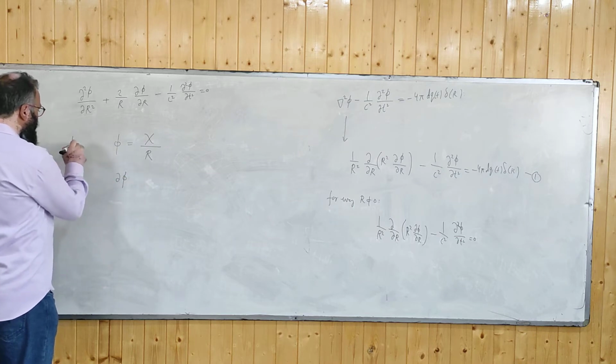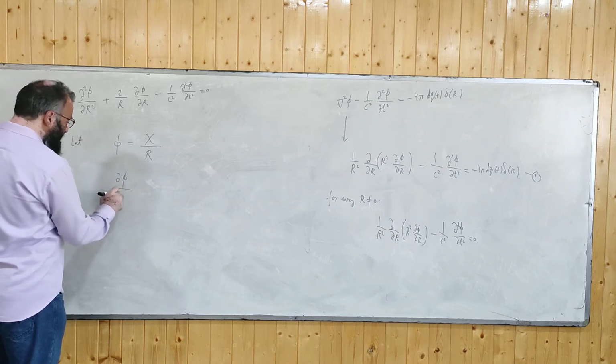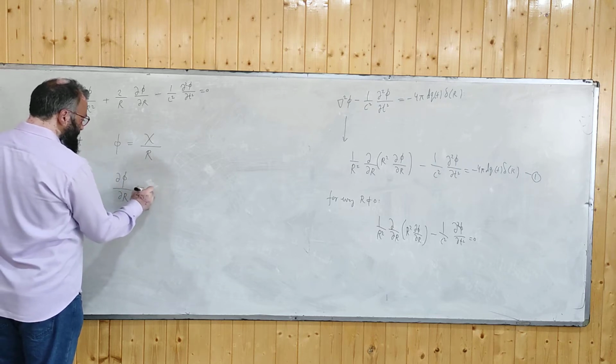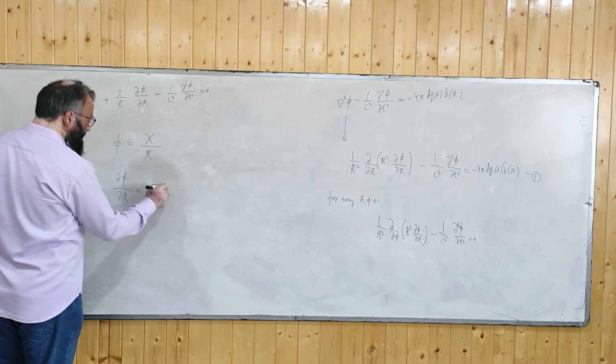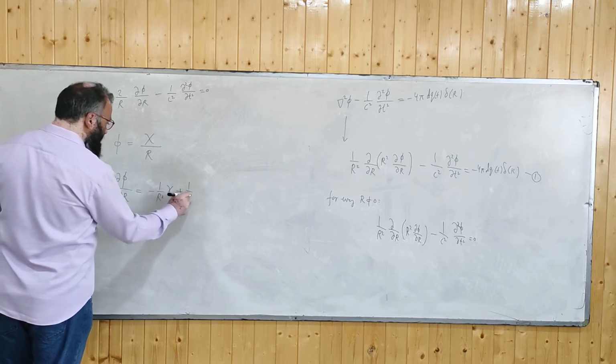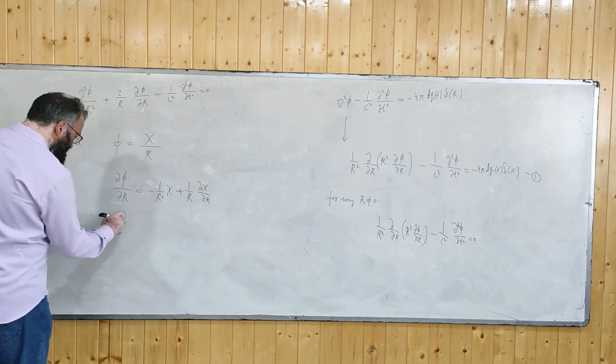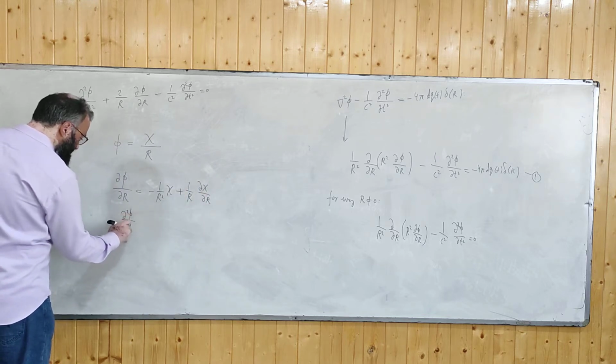So let this phi, so I can have partial phi by partial r. So what will that be? So it is minus 1 by r square chi plus 1 by r partial chi by partial r. Now let's take this second derivative, partial 2 phi by partial r2.